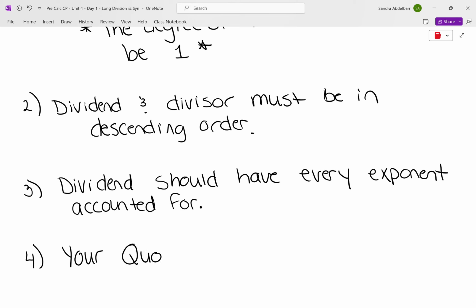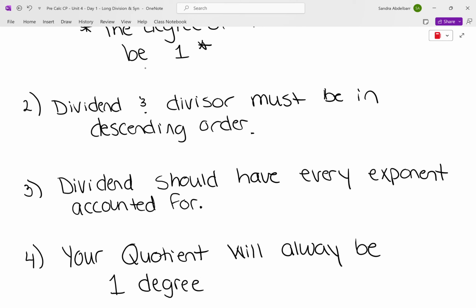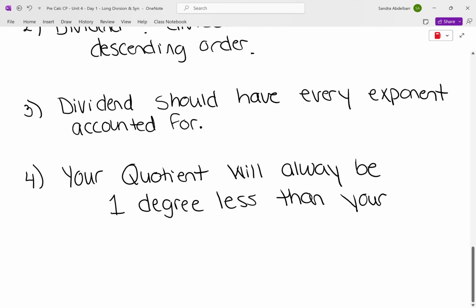And then last, your quotient will always be one degree less than your dividend.